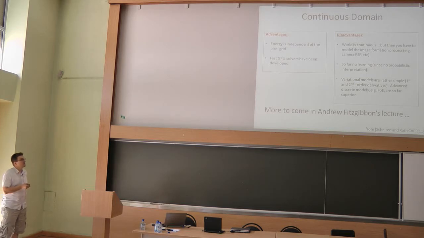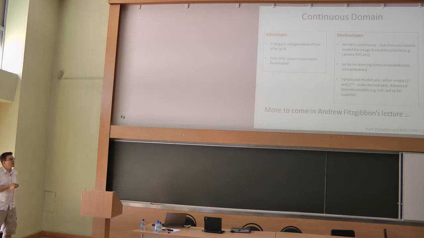I think some of the disadvantages are that if one talks about the continuous world, one really has to think about the camera point spread function and other effects, because otherwise there's a lot happening until you get to the pixel grid. If you talk about the continuous world, you also have to model these things, which is rarely done now, or rarely seen with these continuous approaches. So far there's now an interpretation with discrete models, but so far there's no probabilistic explanation, and there's no learning involved yet in these continuous domain models.